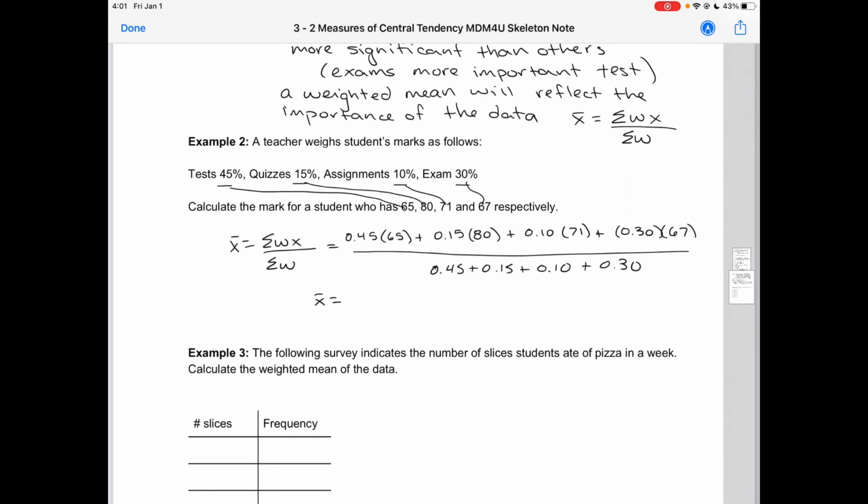Evaluating that gives me 68.45, which we can round as a percent to 68.5 as the weighted average.